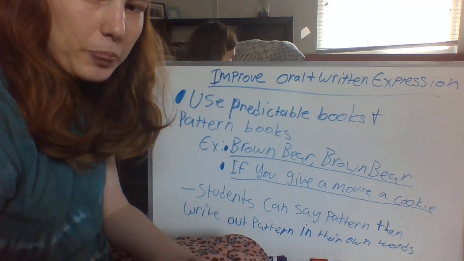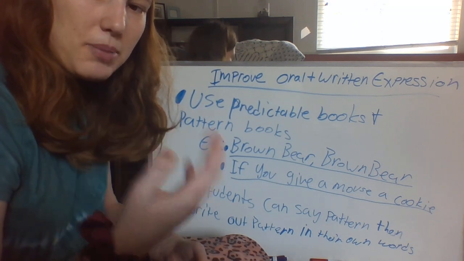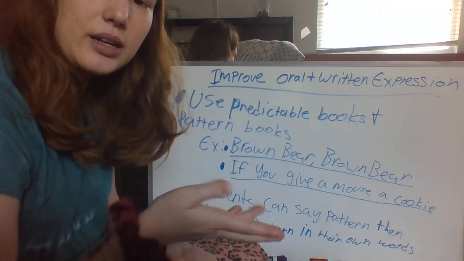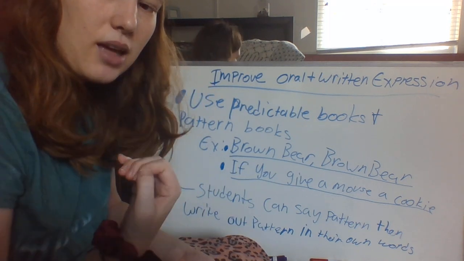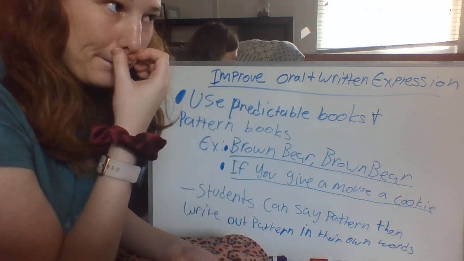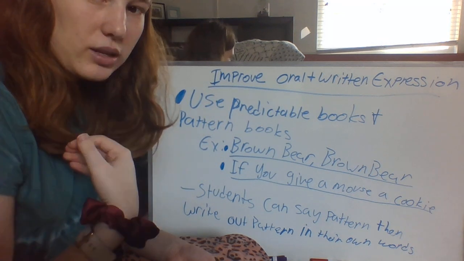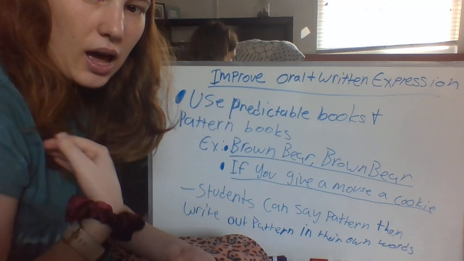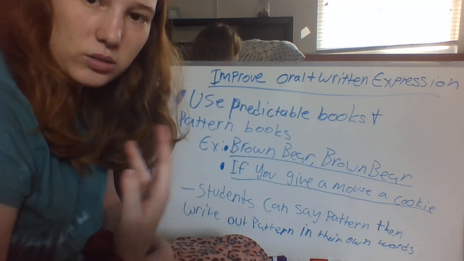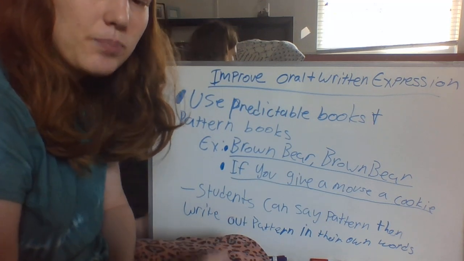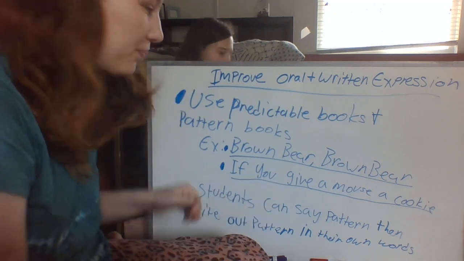The pattern is Brown Bear, what do you see? And then the answer gets repeated back as, I see a flamingo staring at me. Something like that. So that would be Brown Bear.